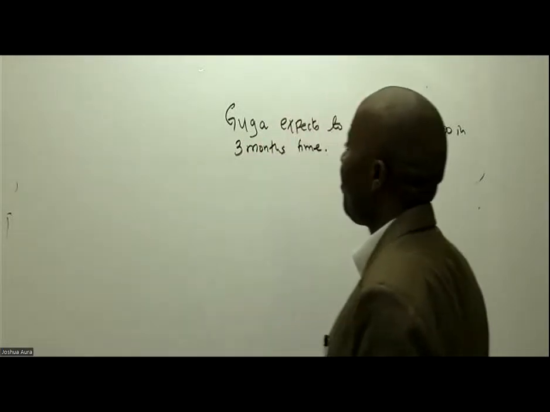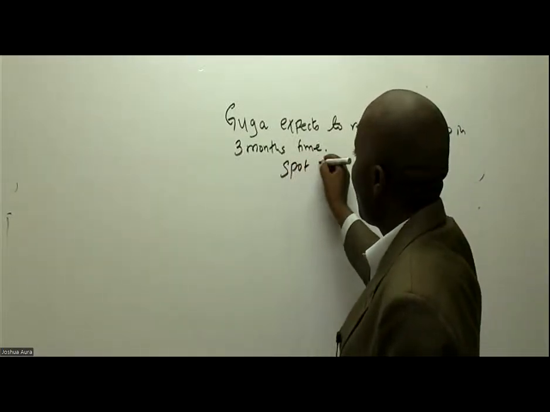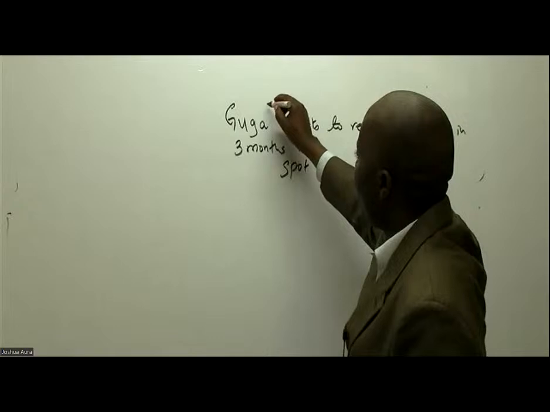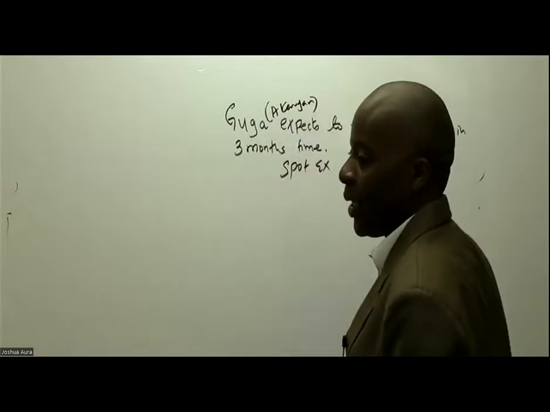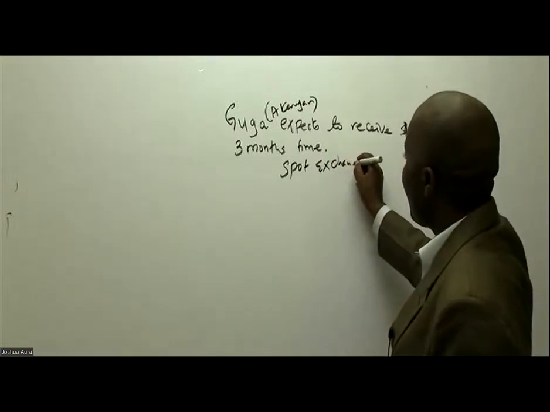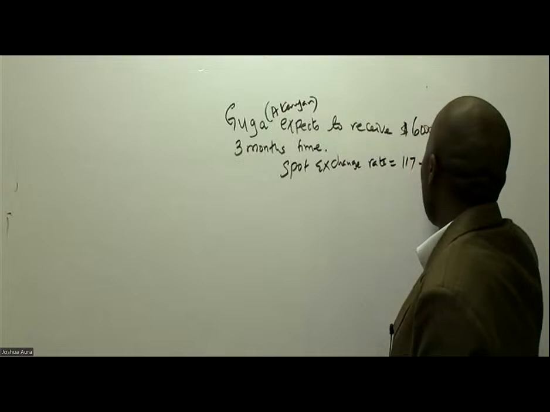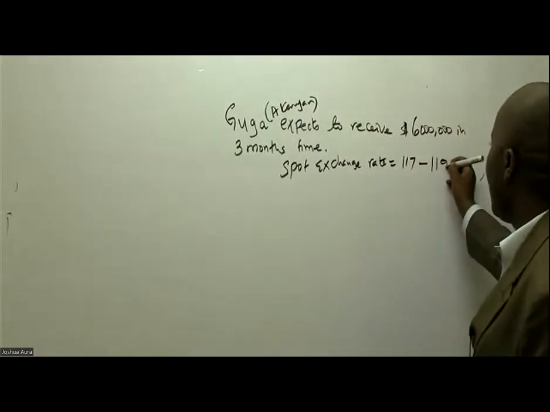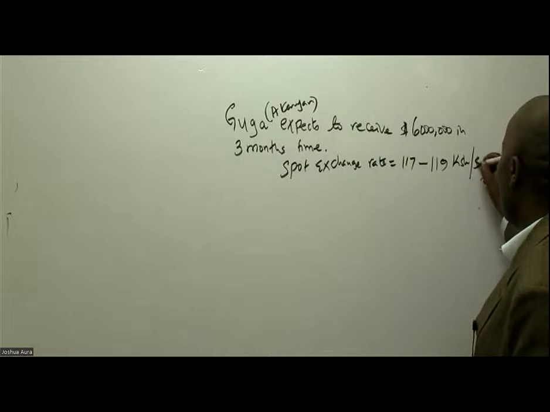All right. So you'll be given the spot exchange rate. I forgot to tell you that Mr. Guga is a Kenyan, who would need Kenyan shillings. The spot exchange rate is 117 to 119 Kenyan shillings per dollar.